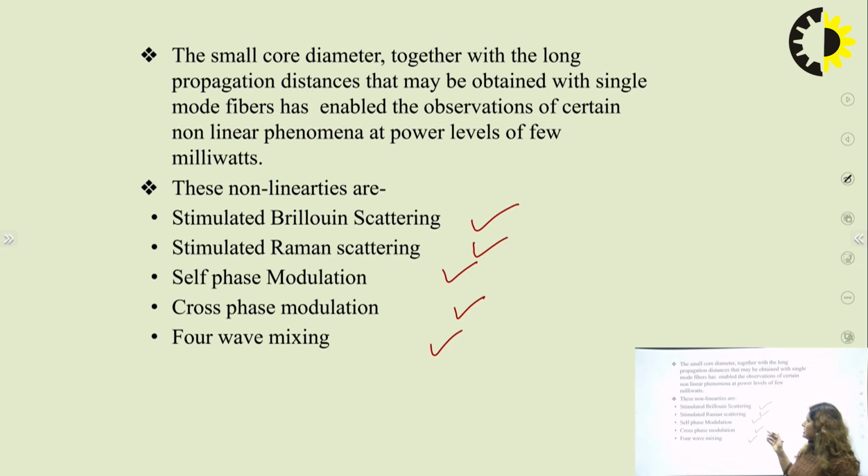These types of scattering, which we have already covered, stimulated Brillouin and stimulated Raman, are also called nonlinearities, because for these, if you remember, we calculated the threshold power.